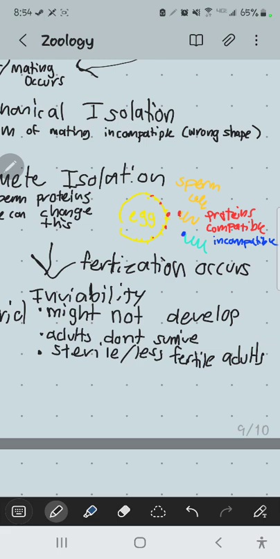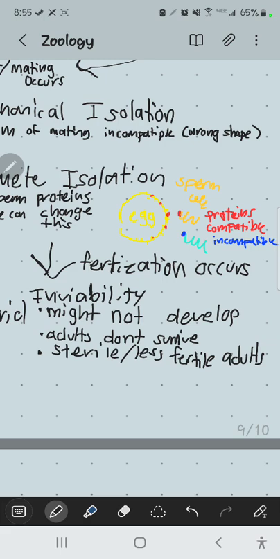A mule is a cross between a horse and a donkey specifically. And actually, a mule is a cross between a male donkey, a jack donkey, and a female horse. That's what technically a mule is. It has to be a jack male donkey and a mare horse for a mule.